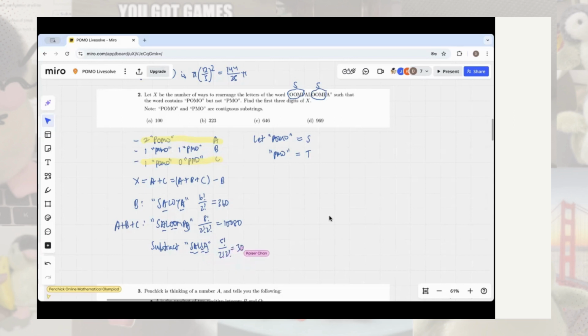So that will mean that A plus B plus C is 10050. Therefore, x is 10050 minus 360. So that's 9690. And therefore the answer is 969.